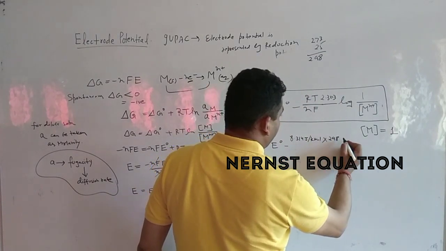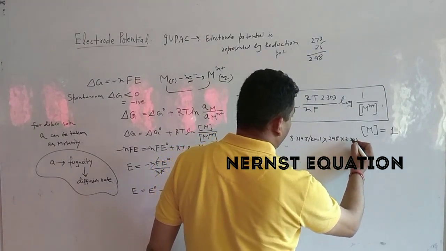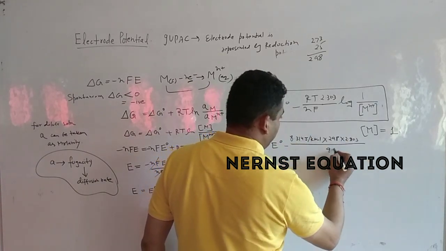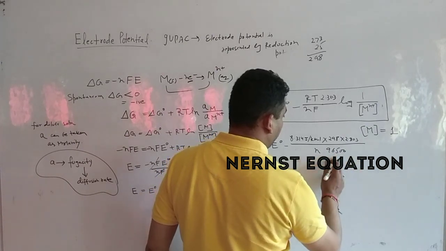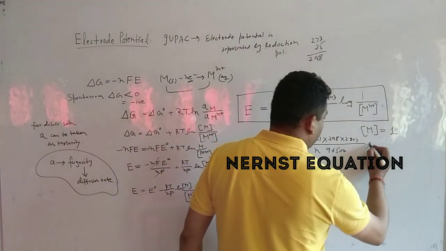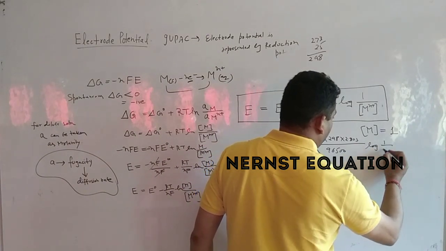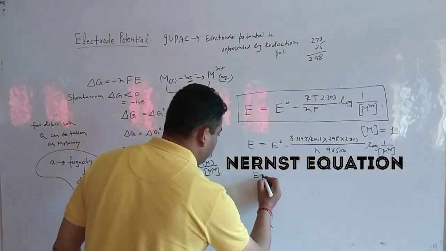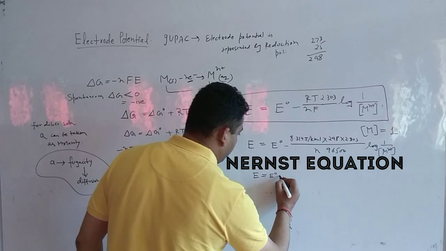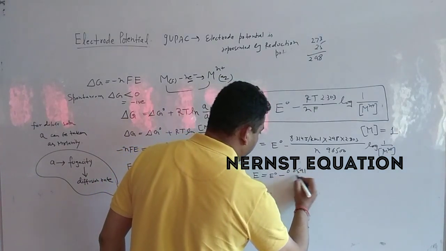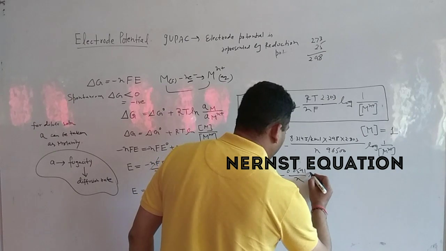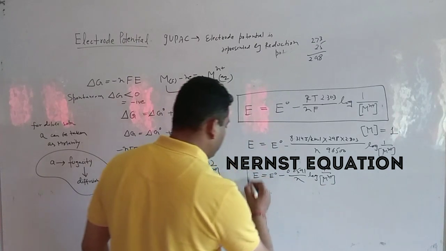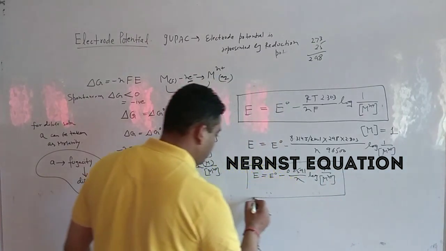So you will write 298 Kelvin here, you will write 2.303 here, and again it would be divided by the value of F. The value of F is 96500 for calculation purposes, and this would be log 1 upon Mn positive by Mn. So the expression would come E equal to E standard minus 0.0591 by n log of 1 by Mn positive. So this could be the expression, right?